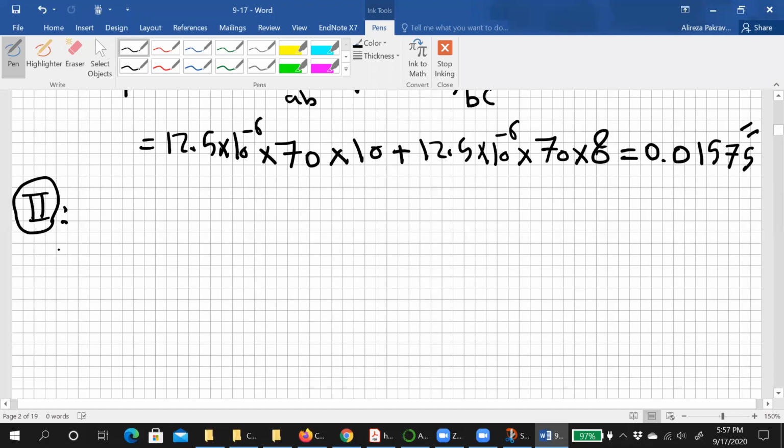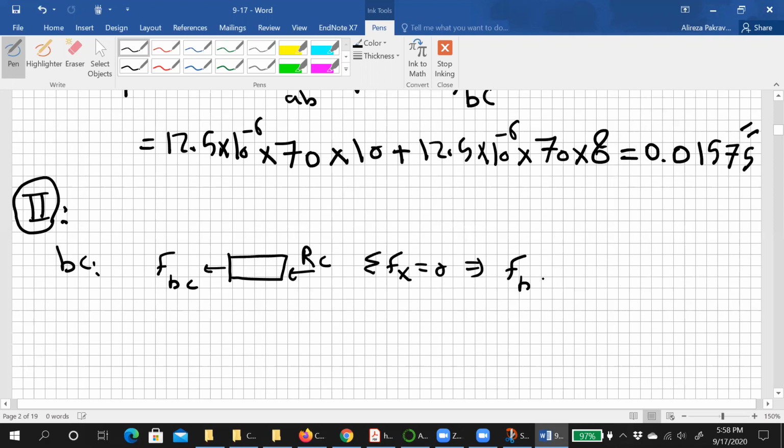Let's see, for segment BC, we have something like that, right? RC, FBC, right? If summation of force in direction of X is 0, FBC is negative RC, right?